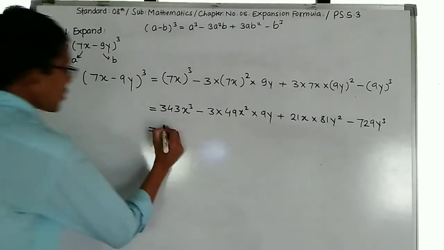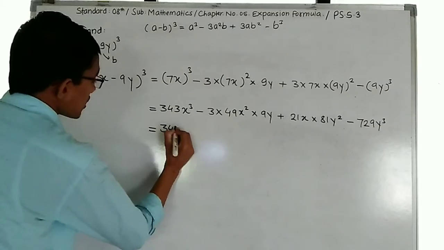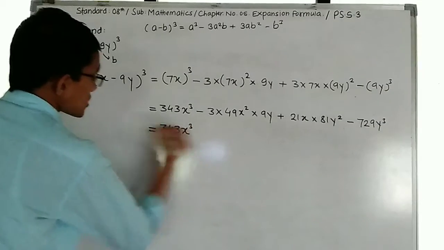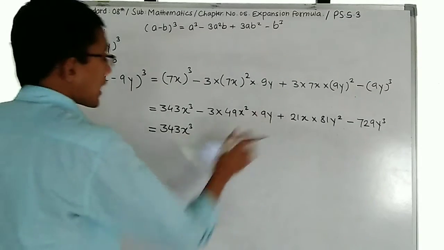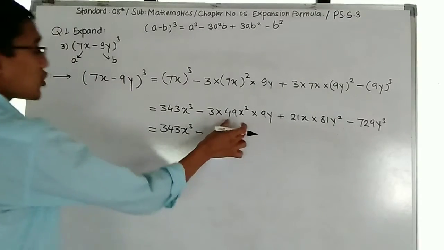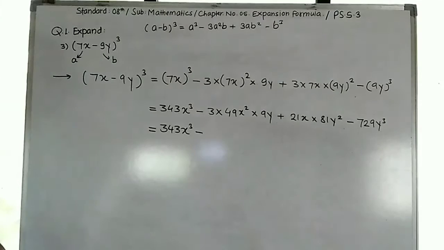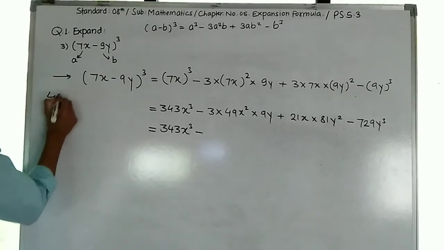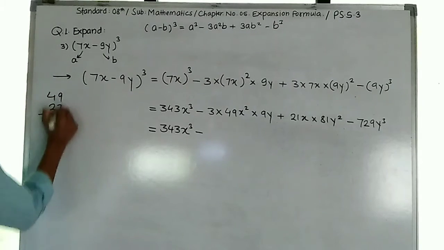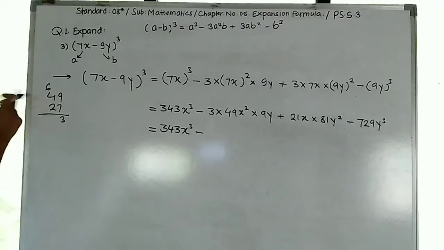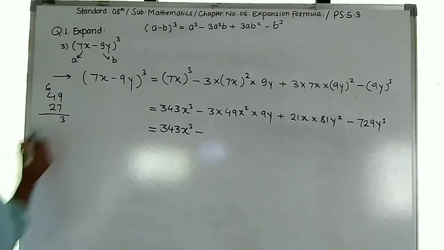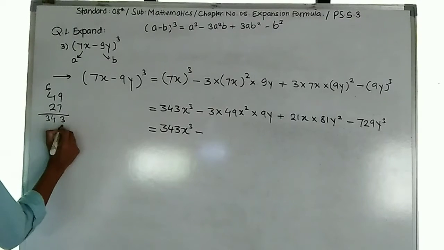Now 343x cube as it is. Now what we have? Minus 3 into 49 into 9. 3 nines are 27. So 49 into 27: 9 sevens are 63, 3, 6 carry; 7 twos are 14, 14 plus 6 is 20... So we get 343.